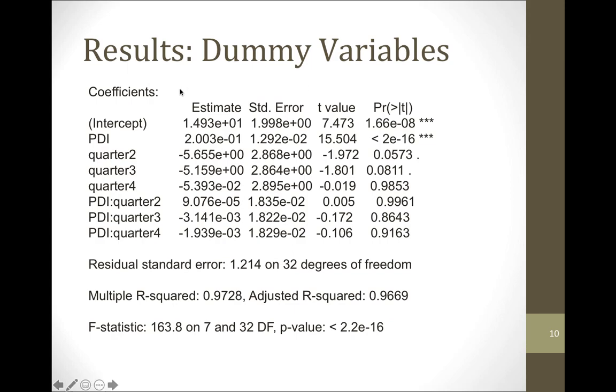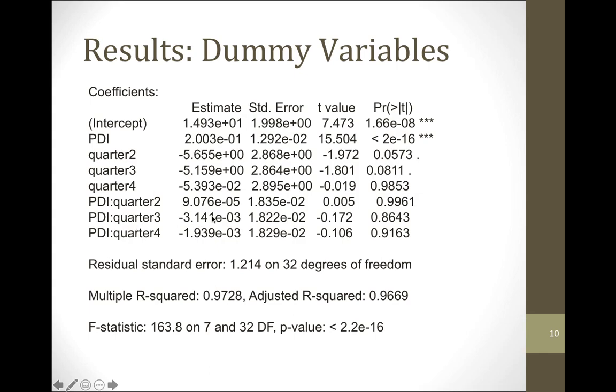For this part, as you can see here, the PDI is still significantly predicting the sales. However, our intercept, as we talked about, is the Q1 sales, the sales in Q1 controlling PDI and the interaction term.